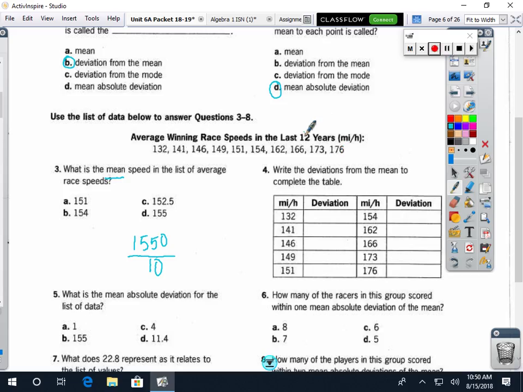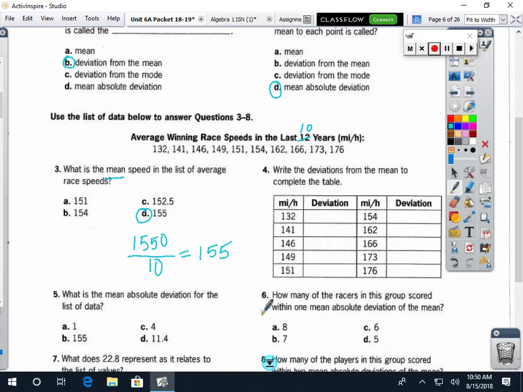That's odd. Why would they not have said the last 10 years? Kind of weird. Okay, and you get 155. Maybe there were 2 years there wasn't a race or something, I don't know. Okay, so the mean of the race speeds is 155.